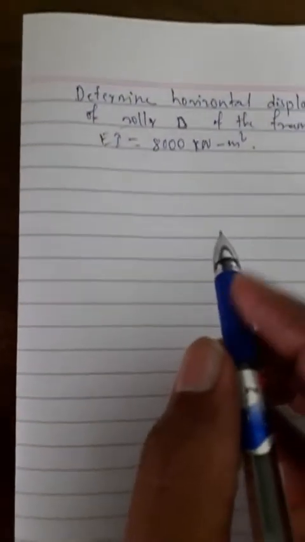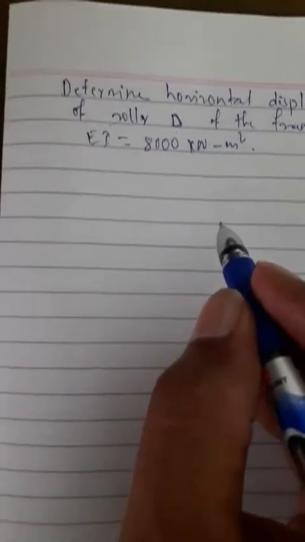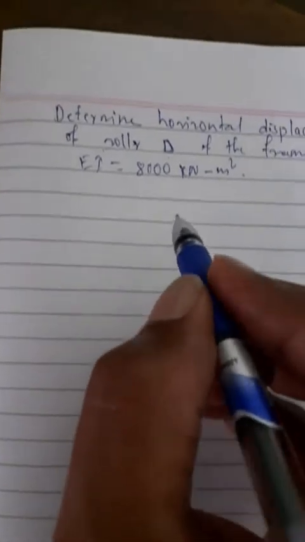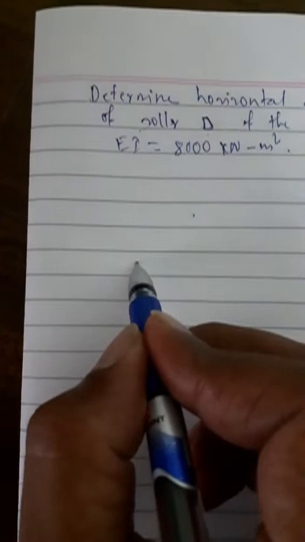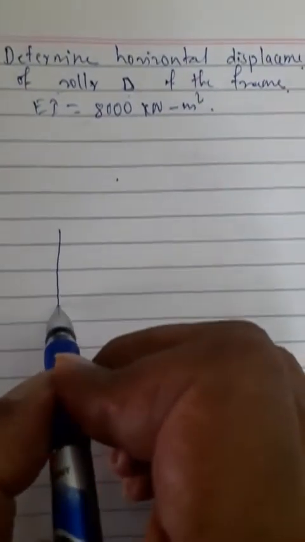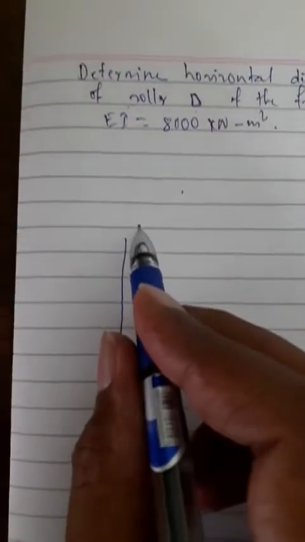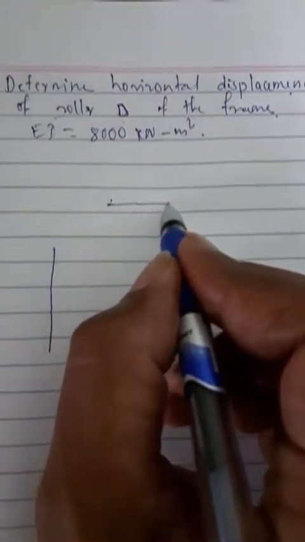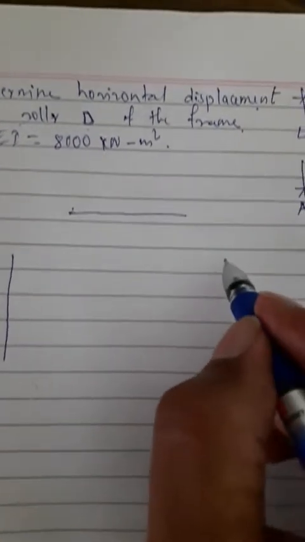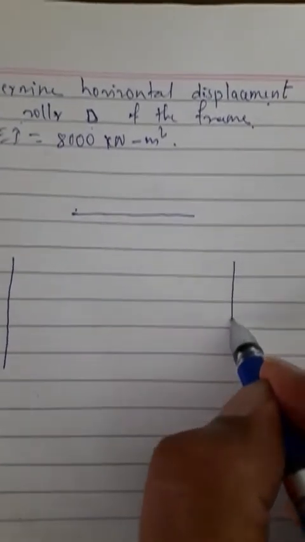So first basic step will be to draw the free body diagram. Free body diagram is one wherein you remove the supports and replace them by reaction components. Let this be AB, BC, CD.